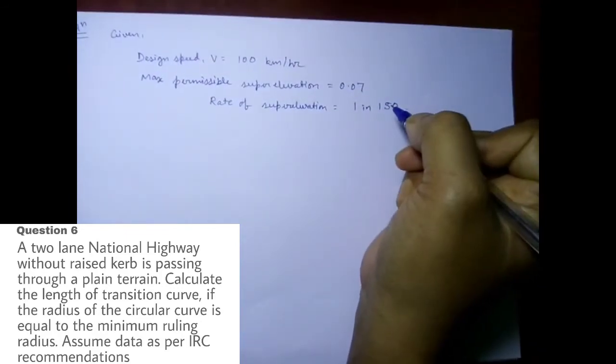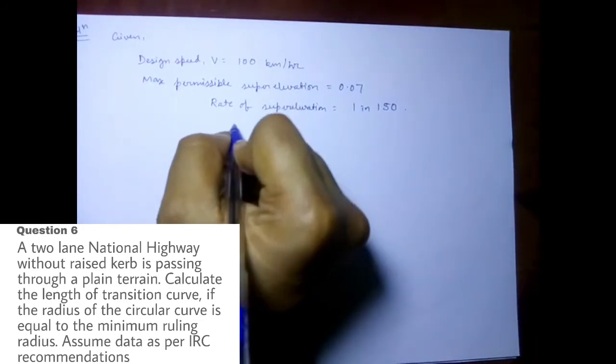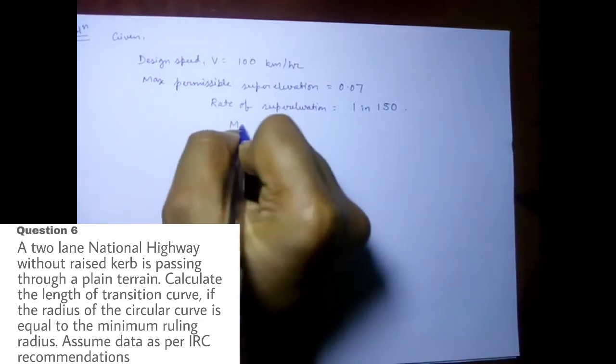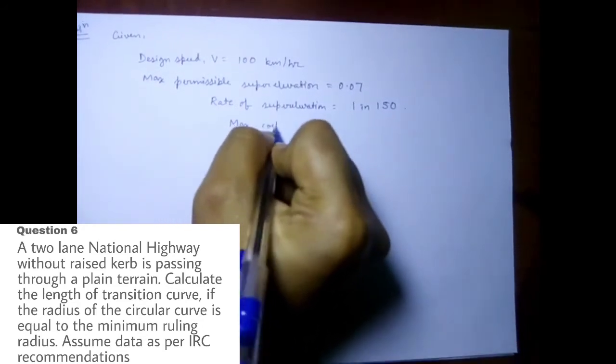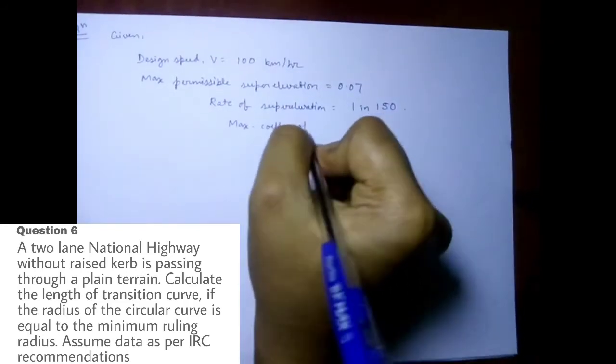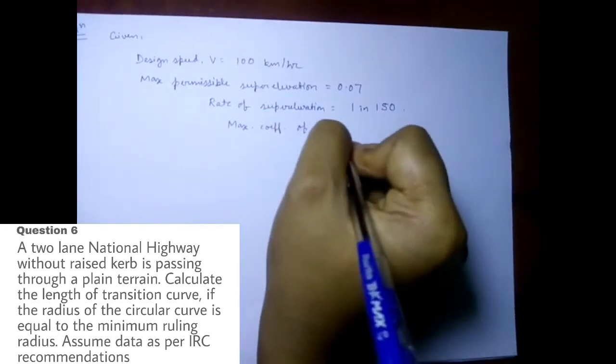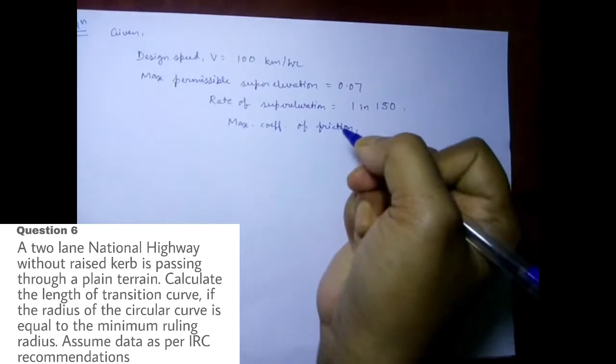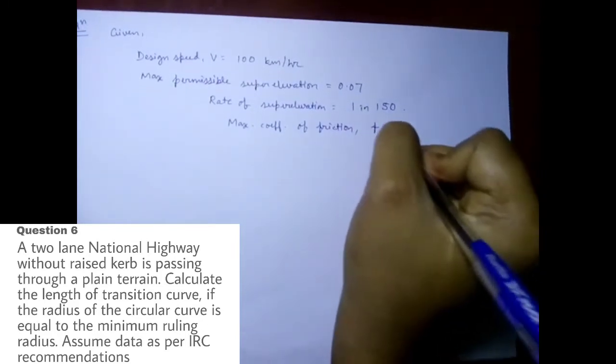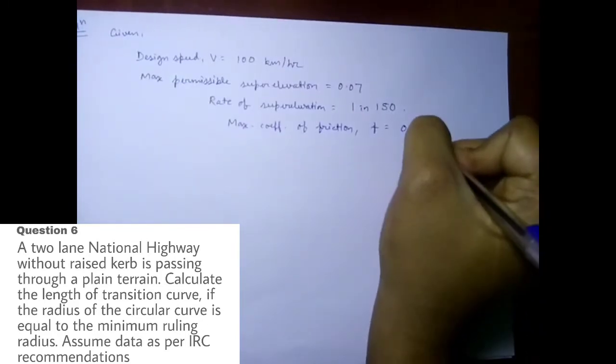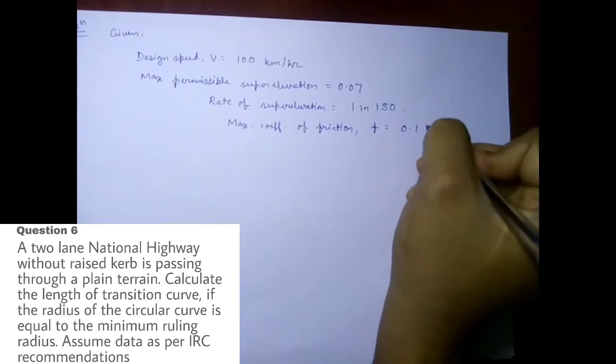So max coefficient of friction F is equal to 0.15.